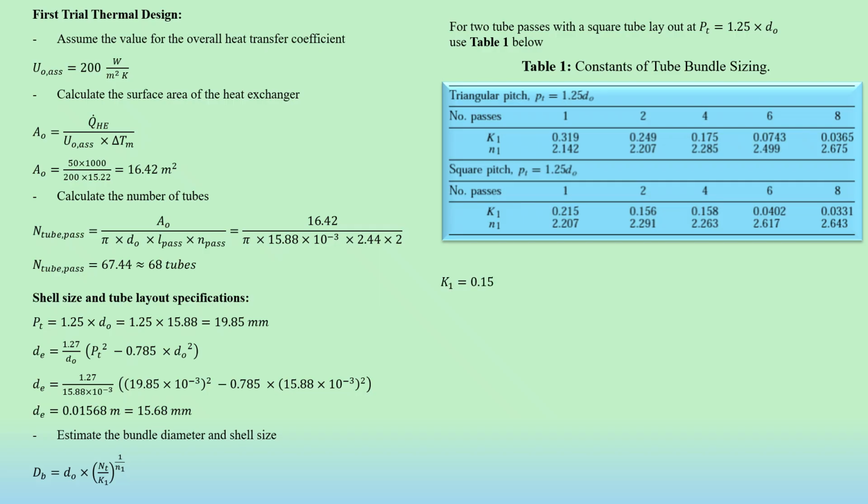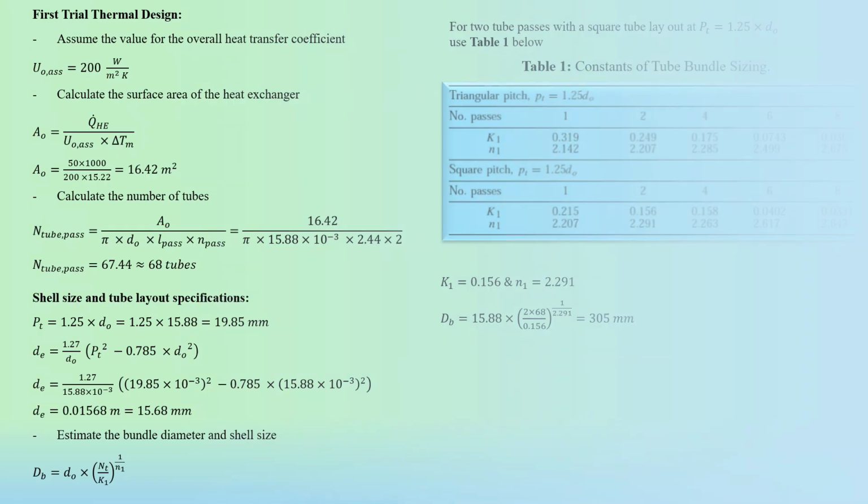For our case, for two tube passes, we have the square pitch 1.25 d naught, then K1 equal to 0.156 and N1 equal to 2.291. And if we use these coefficients in the general form of a tube bundle, then we will get 305 millimeters.